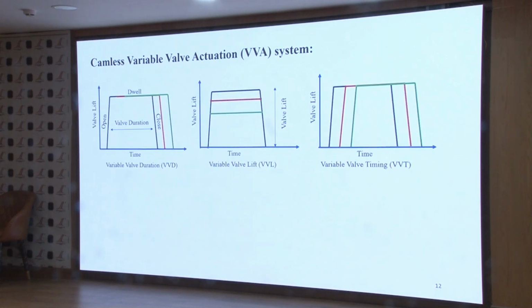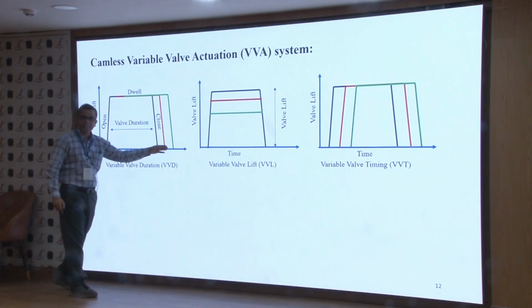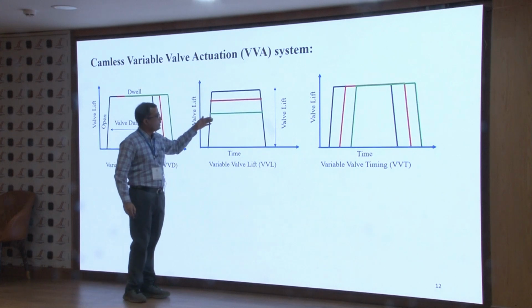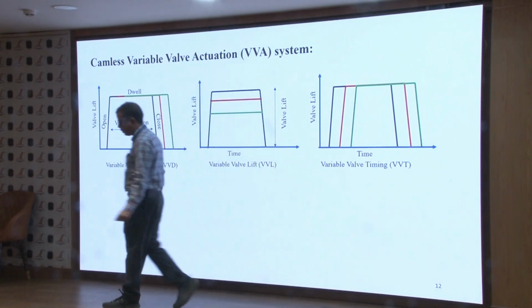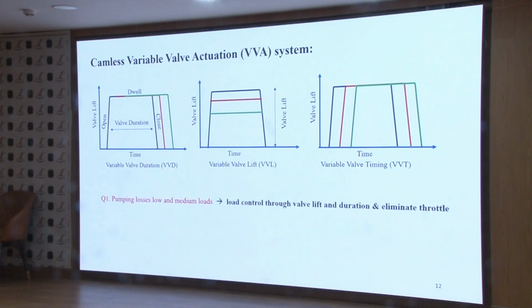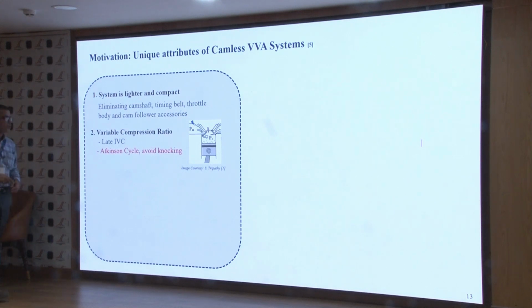Using camless systems, we will have variable valve durations. We can change the valve timings, and we can have variable lifts also. This system has some advantages. Since we are going to remove the camshaft, timing belts, throttles, and all these things, it is going to be comparatively lighter.